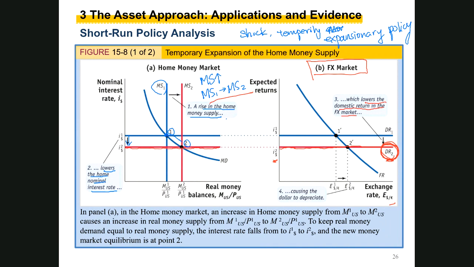If the domestic return decrease, that means they will try to convert their domestic currency, which is dollar, to the foreign currency, which is euro here, right? So that dollar, people don't want it. They want to get rid of the dollar because they believe that the asset in terms of the dollar will decrease because of the interest rate decrease, right?